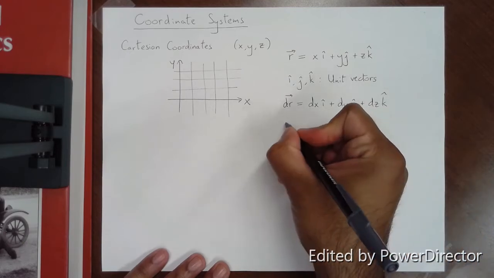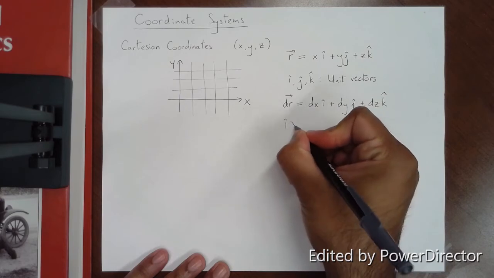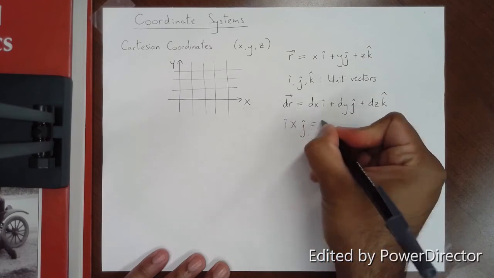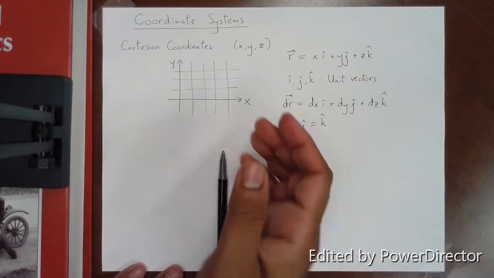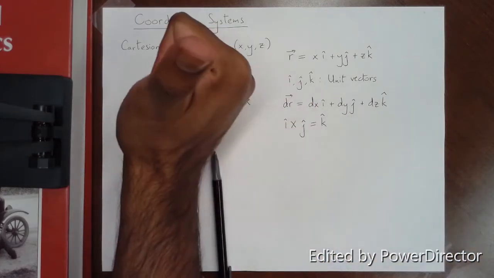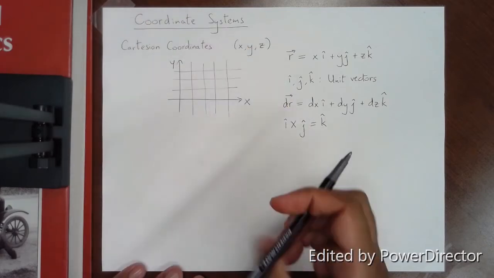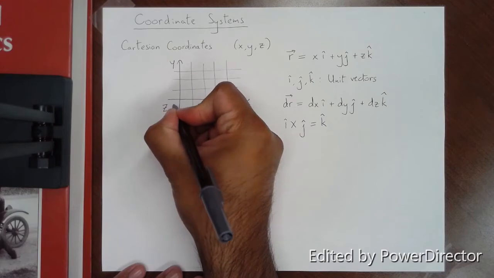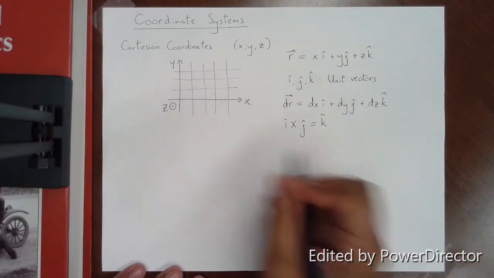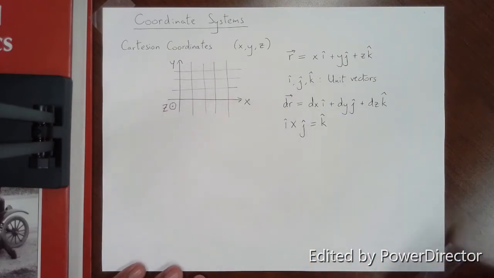The cross-product rule for a right-handed coordinate system gives us i cross j equals k. So this tells us that x cross y equals z. And so that tells us that in this case the positive z-axis is pointing out of the page, which I will denote by a circle with a dot.